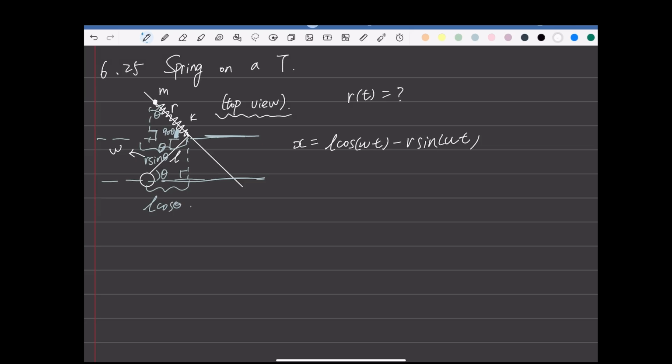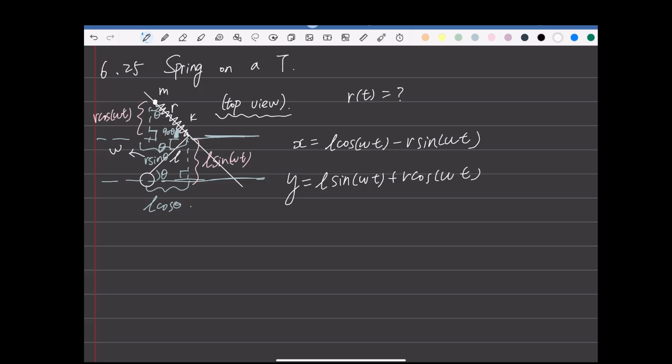And now let's obtain the expression for y. It's actually quite easy. What is this part here? This should be L sine omega t. What about this part? Well, r cosine omega t. So basically y is L sine omega t plus r cosine omega t.